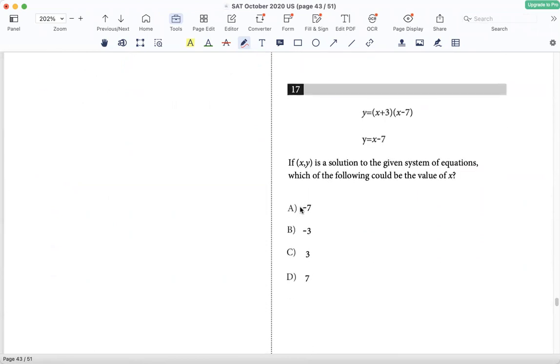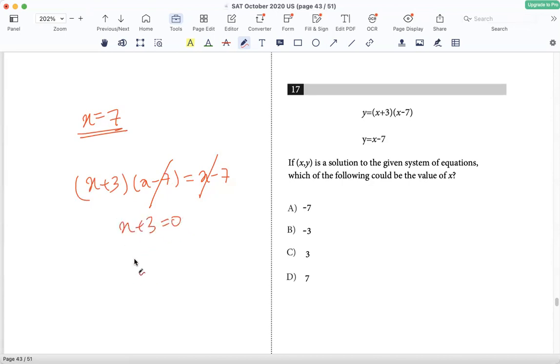If (x, y) is a solution to the equation above, which of the following could be the values of x? So (x plus 3) times (x minus 7) equals x minus 7. I can cancel these out, but x can be 7, right? Because if x is 7, then both sides become 0. Then x plus 3 is 0, so x is -3.